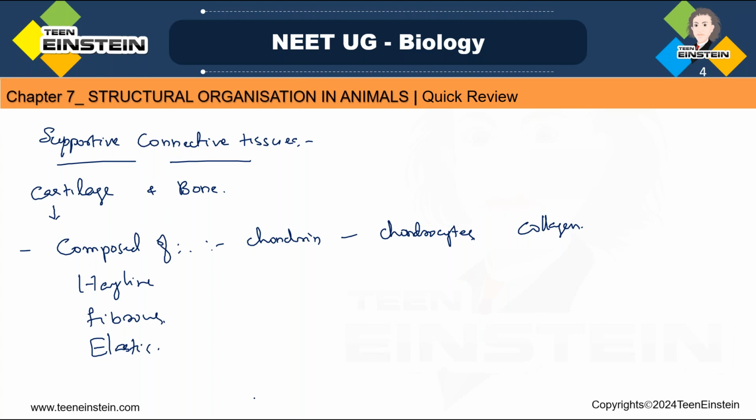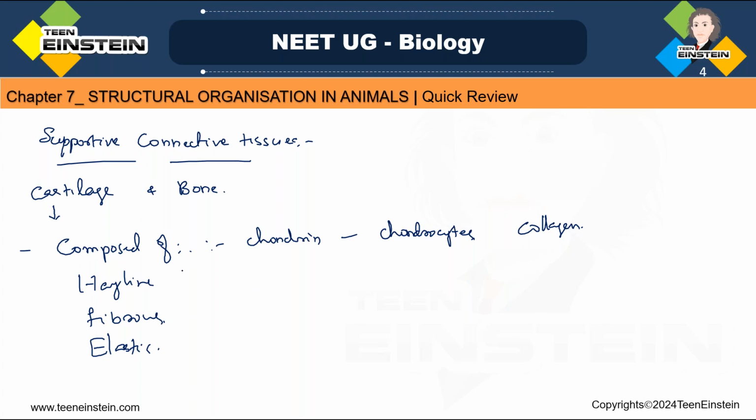Cartilage is made up of firm and flexible material called chondrin, which is a protein. Chondrin is secreted by chondrocytes, and it also has fibers, mostly collagen.